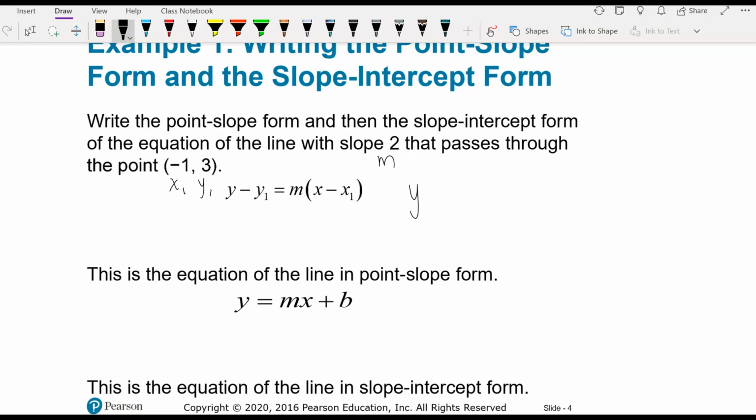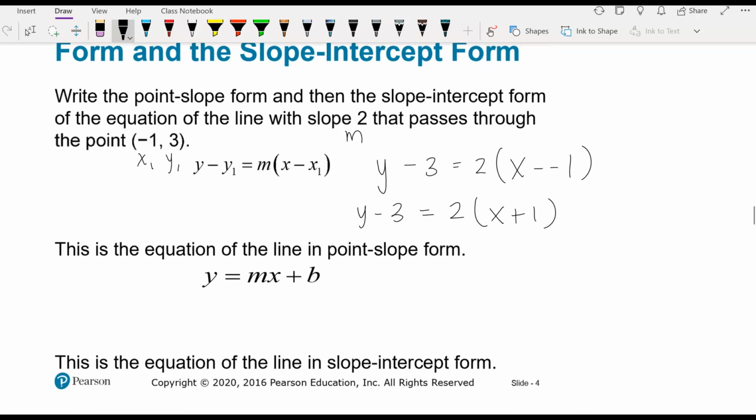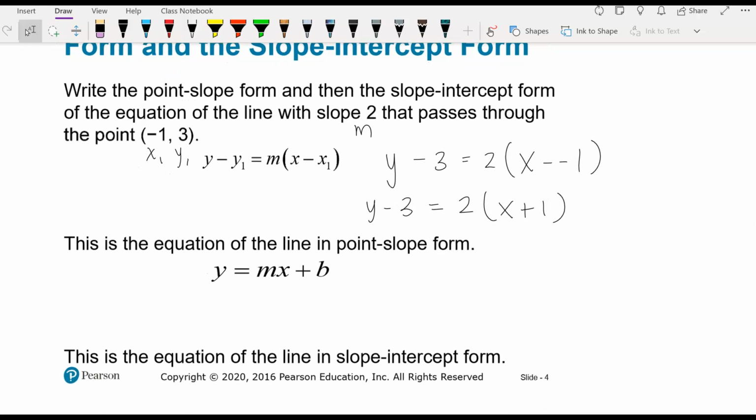So y minus 3 equals, we know what m is, it's 2, times x minus a -1. So it'd be y minus 3 equals 2 times x plus 1. All right, and then this is the equation of the line in point-slope form.